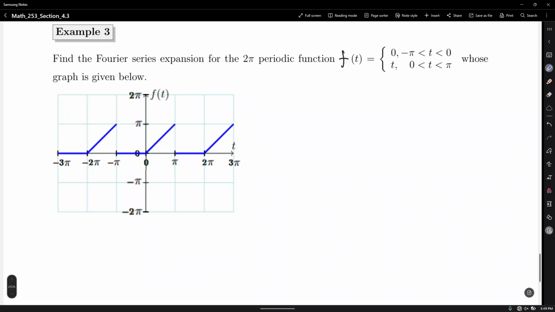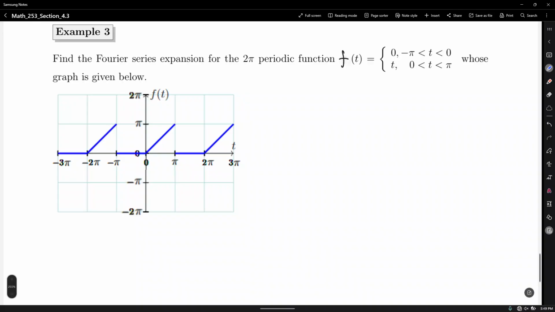The question here is, is that function even? Is that function odd? It's neither, right? Neither. So that means, in a way, we're screwed. We'll have to calculate the three coefficients, a sub 0, a sub n, and b sub n. It's not like the other cases in which some of them were 0 because of the parity of the function.